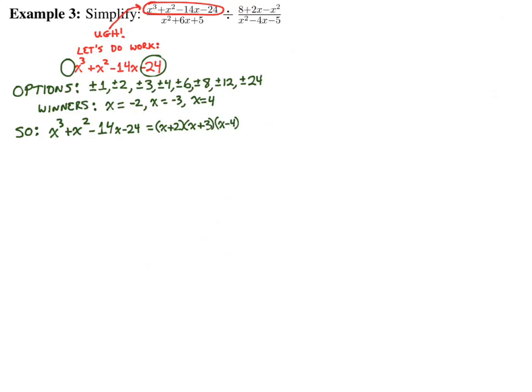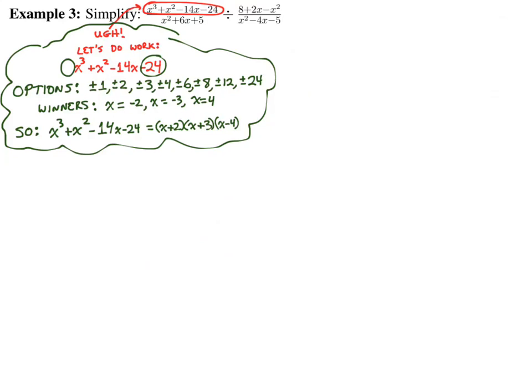Now let's go back. On the left, we got x plus 2, x plus 3, x minus 4. That's the cubic obnoxiousness. The bottom factors pretty fast, still divided by the right fraction.